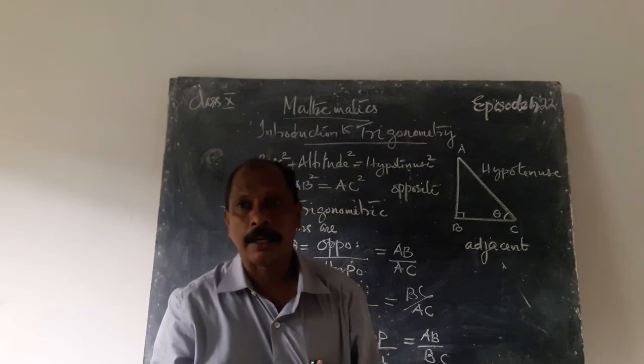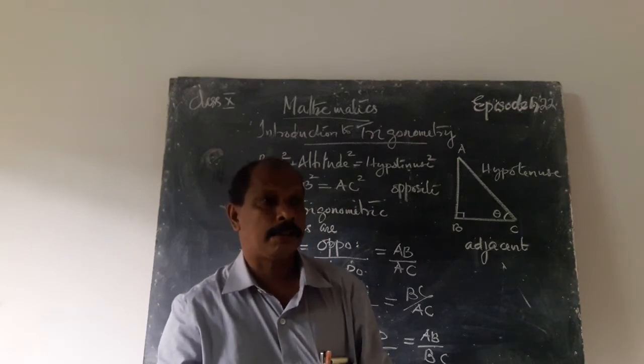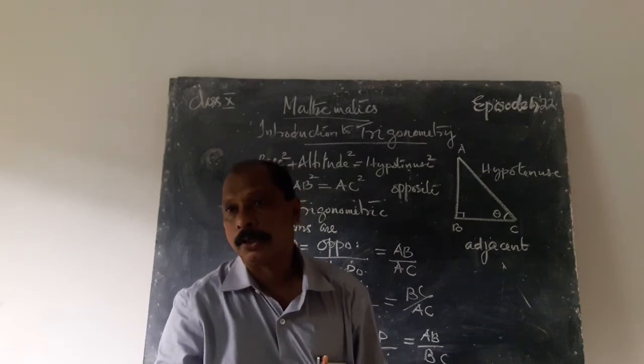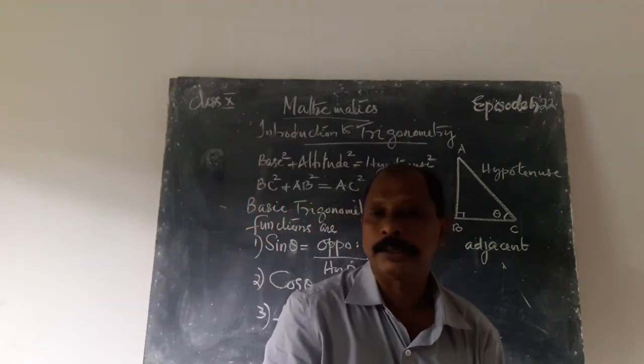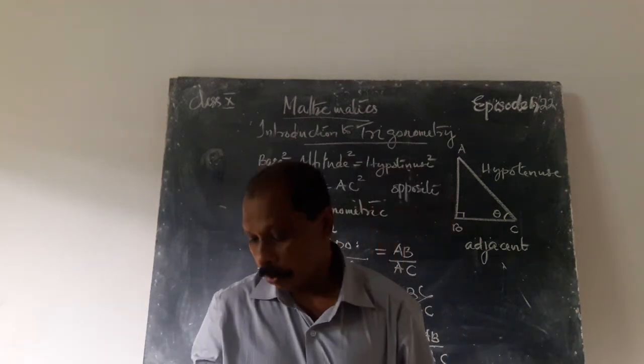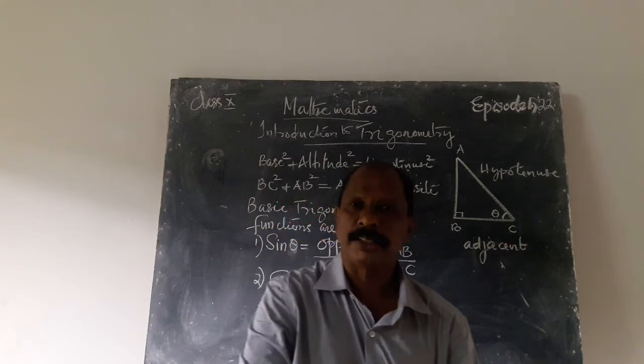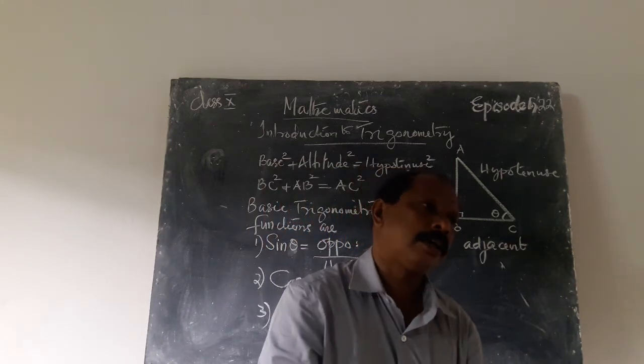Listen, once again we discuss trigonometry. Trigonometry means the geometry that deals with triangles and their properties. In a triangle, if one angle is 90 degrees, it is known as a right angled triangle.